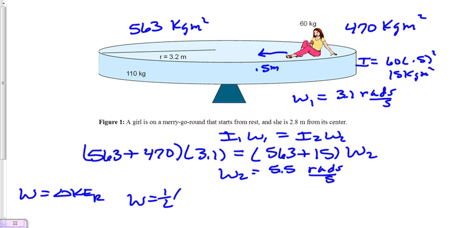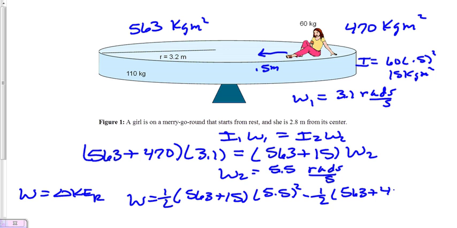So 1/2 times 563 plus 15 multiplied by 5.5 squared. And we'll subtract 1/2 times 563 plus 470 times 3.1 squared.